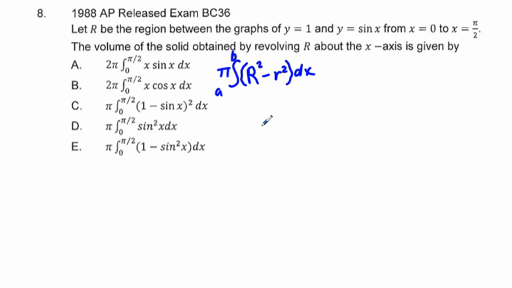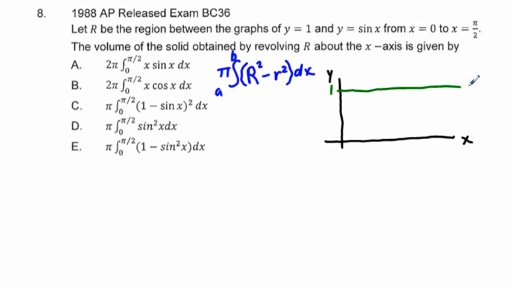But let's go ahead and draw a sketch. Sketch is really helpful. I guess that's what raised this degree of difficulty, makes it in part a BC instead of an AB. And you have the graphs of y equals 1. So here we have at y equals 1, so we'll say that's y equals 1.